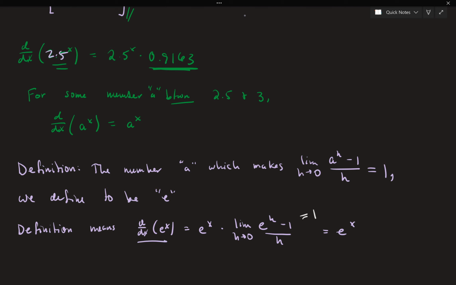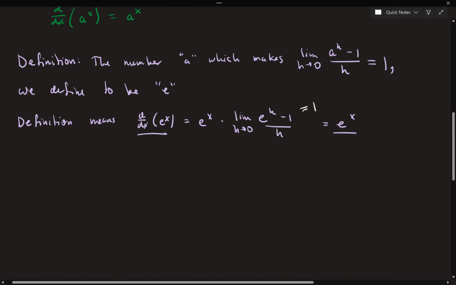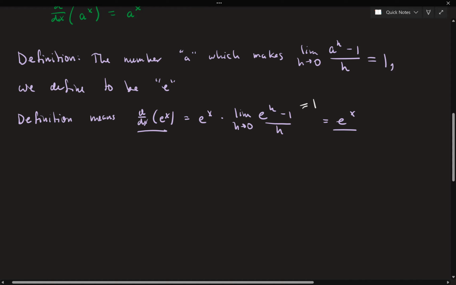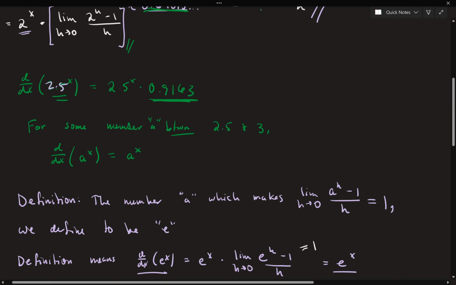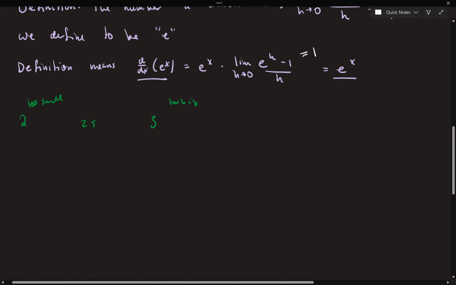The derivative is itself. If you play this back and forth game where you do 2 and 3, and you saw this was too small, and this was too big, and you tried 2.5, that undershot it, too small. You can try something in the middle.